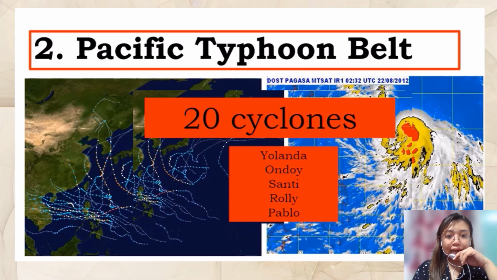We have recorded 20 cyclones in the Philippines, and the most recent disastrous typhoons are Yolanda, Ondoy, Santi, Rolly, and Pablo, which gave great impacts and disaster effects.